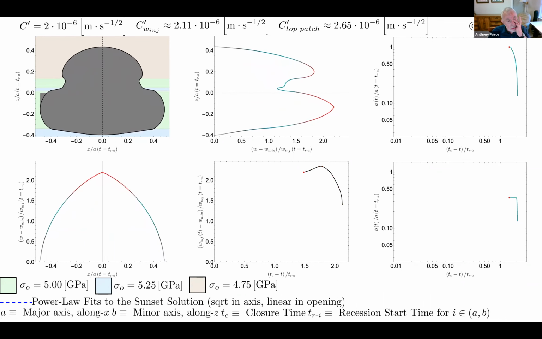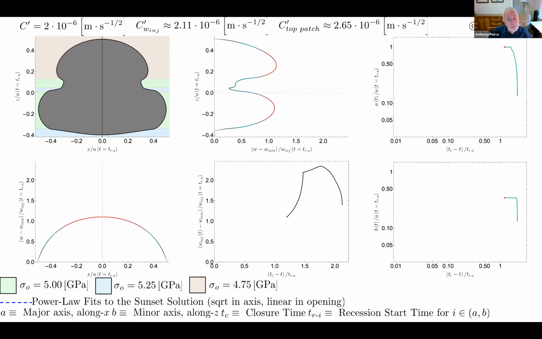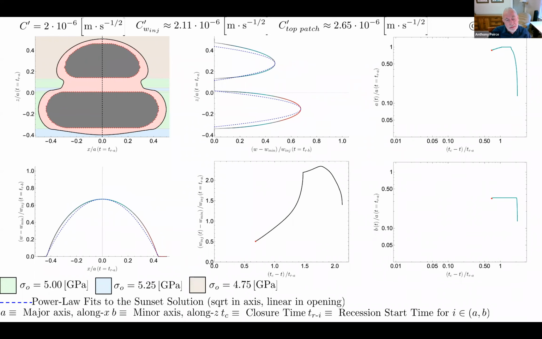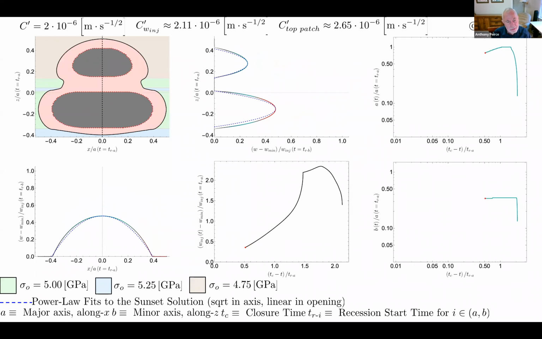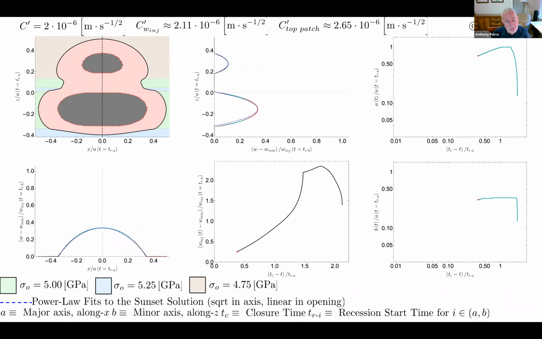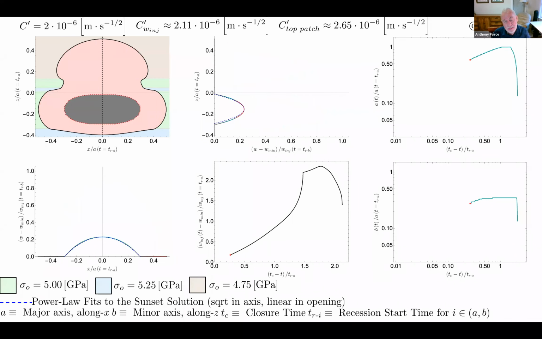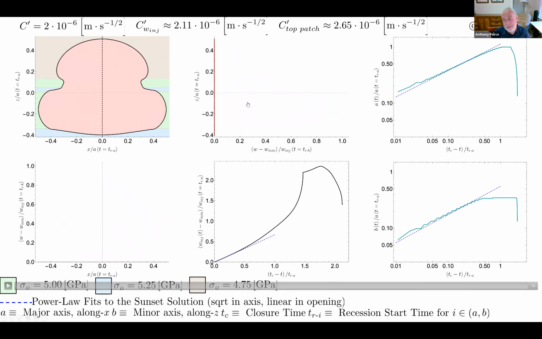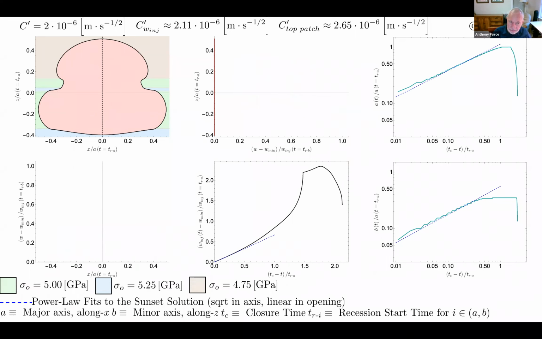You can see it's undergoing significant geometric changes, and lo and behold, the sunset solution still seems to prevail close to the end. You still get this linear power behavior, and it ends up as an ellipse, and the semi-axes also have this square root behavior. So this decoupling of kinematics and dynamics seems quite fundamental.